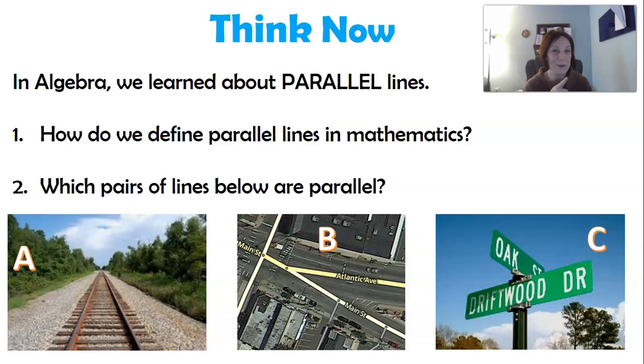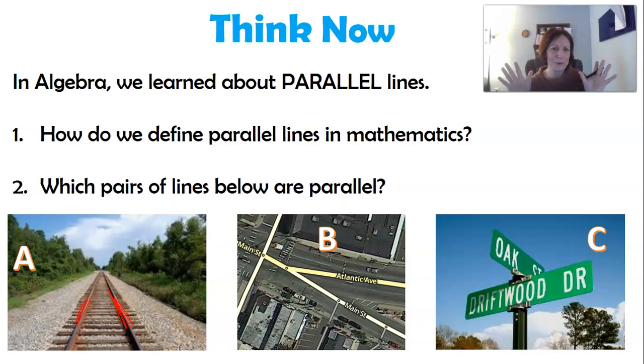Okay, so based on our definition of they don't cross, I think we probably all agree that A is parallel, right? Those 2 railroad tracks are kind of like the thing that teachers use when they talk about parallel lines. We always say they're like railroad tracks. They stay the same distance apart.